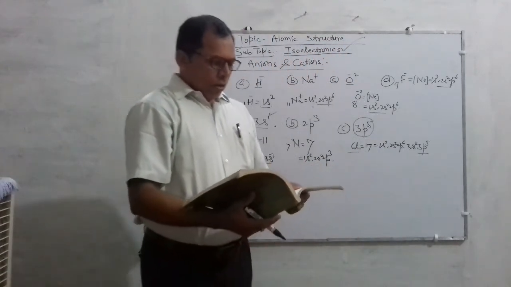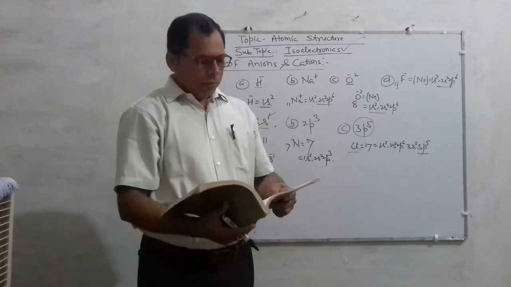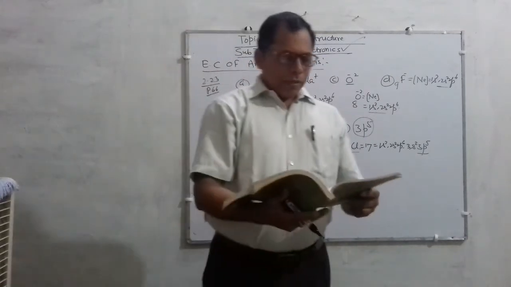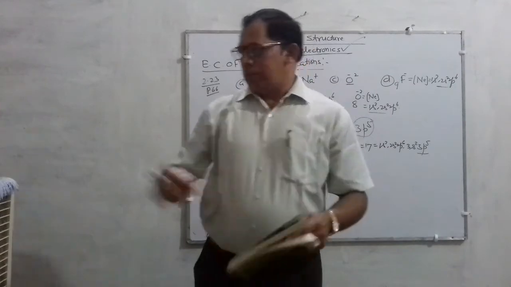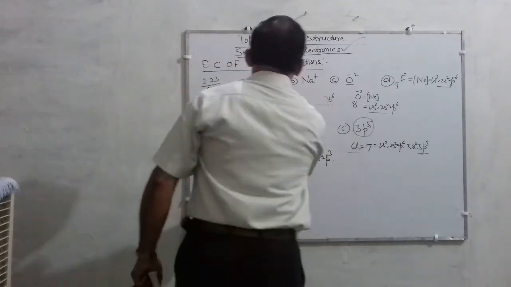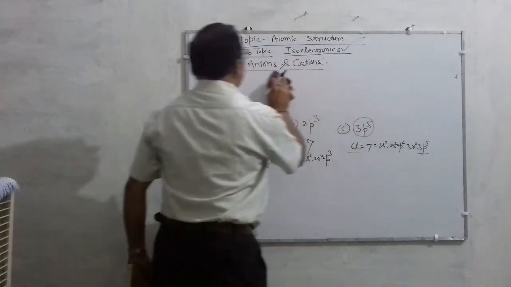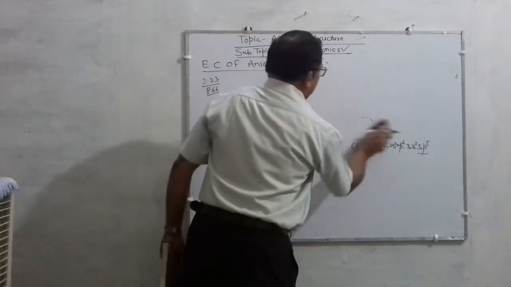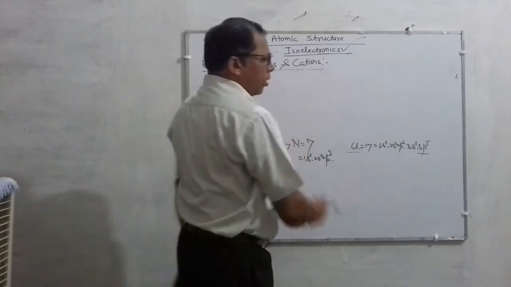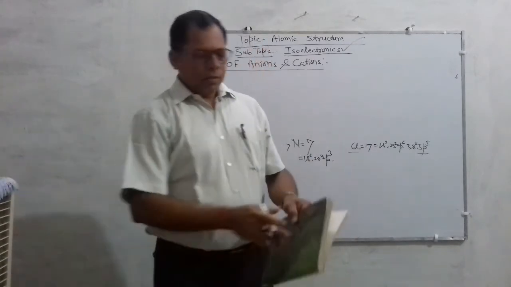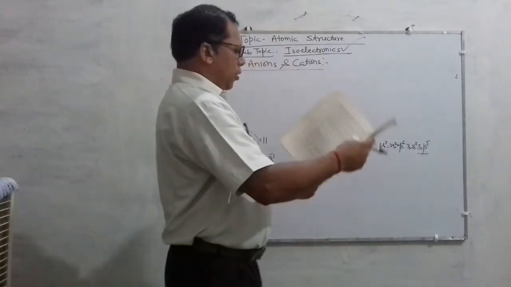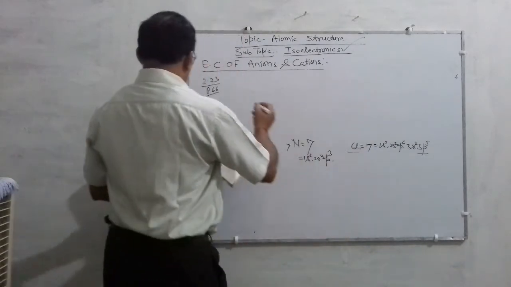Okay. One more of the same question, the third one: which atoms are indicated by the following configurations? Very simple, children. Just emphasize the given lecture, then you have no trouble, and you can do any numerical.